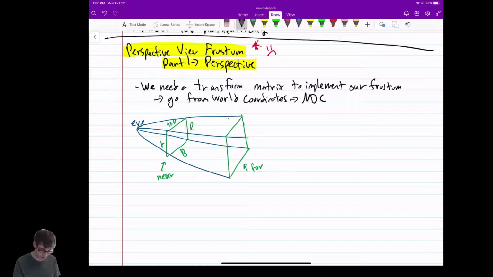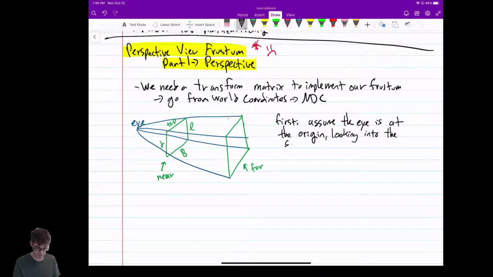So the first thing we want to do, let's just simplify our problem by assuming that the eye is at the origin. Okay, so let's assume that the eye is at the origin and that it's looking into the scene.